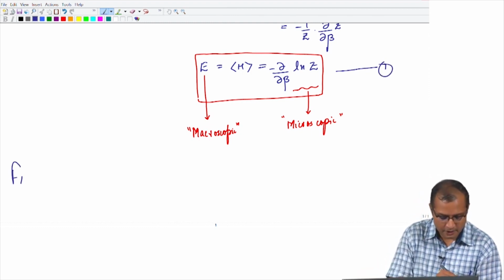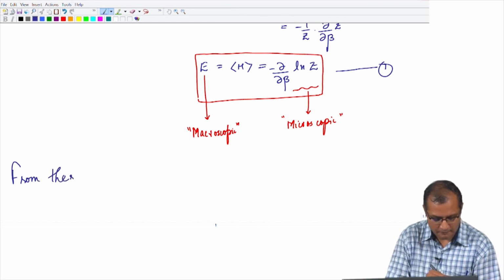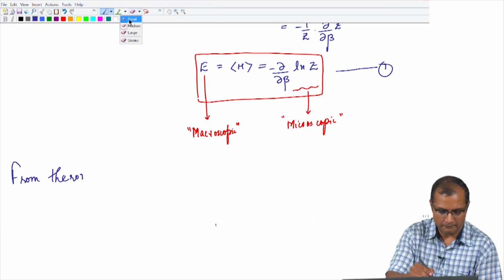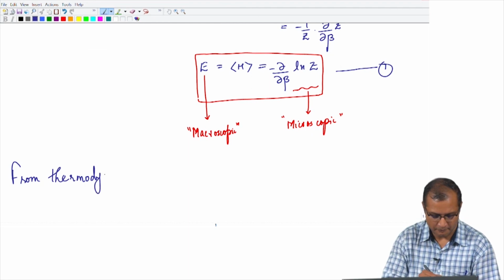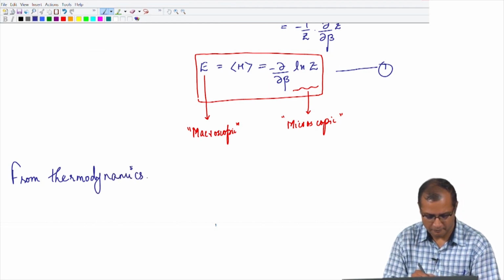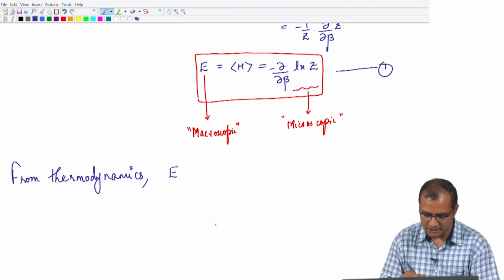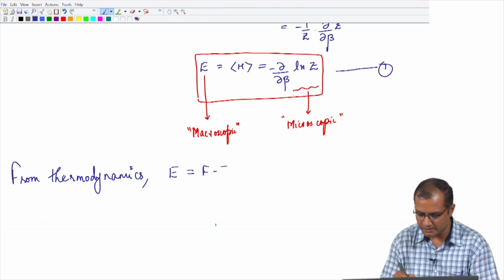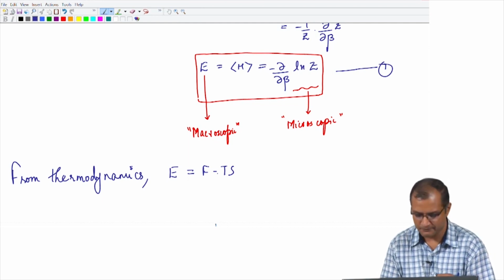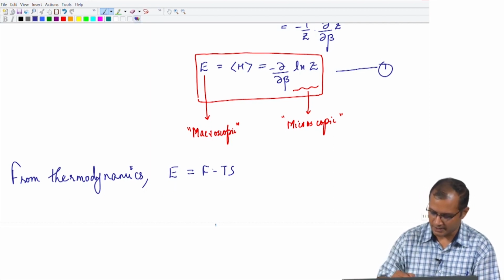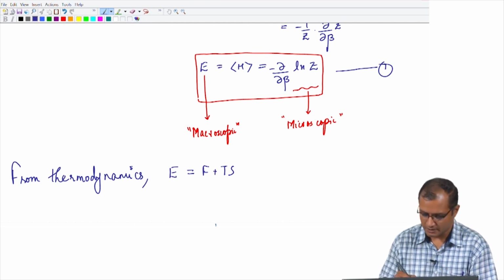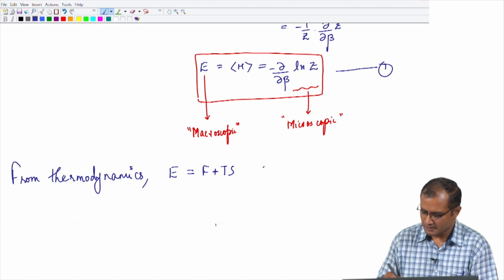From thermodynamics, I already know that internal energy is equal to free energy plus Ts, so I think it is F plus Ts, okay, because the free energy is written as E minus Ts.